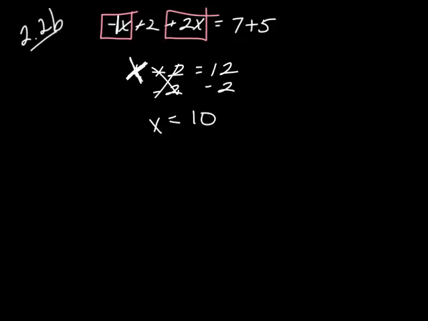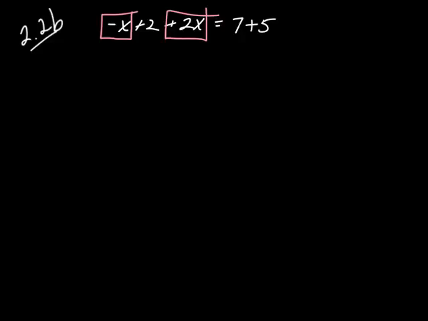Let's go ahead and do example number 8. And number 8 gives us a little bit more to work with. We have 4 times 2a minus 3 minus 7a equals 2 minus 5.